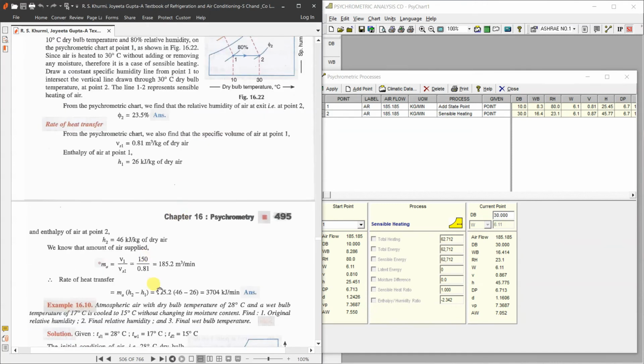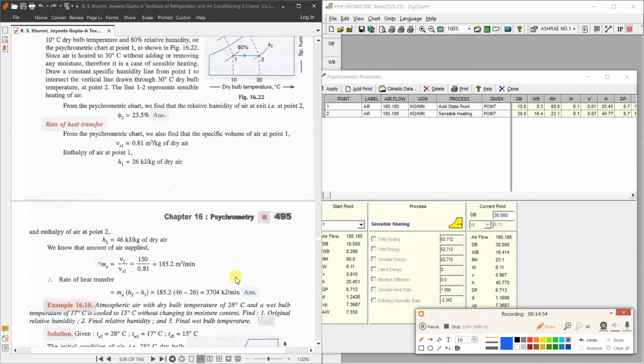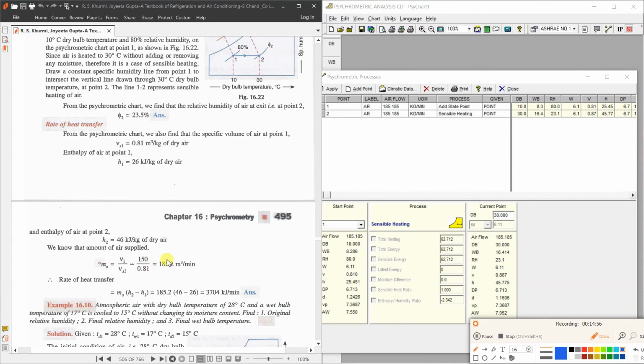Now here you can read the value, rate of heat transfer. Okay, this answer has been given here in kilojoule per minute. Okay, so this value divided by 60 you will get in kilowatt. Okay, so 3704 divided by 60.